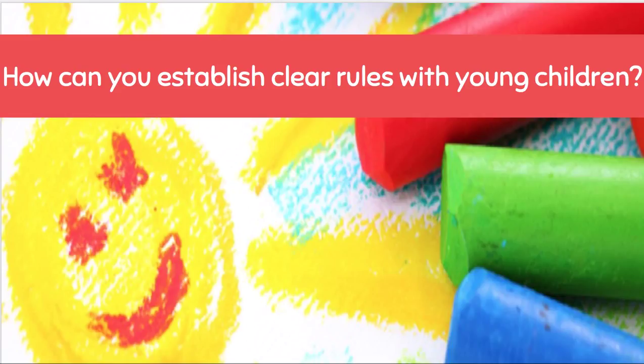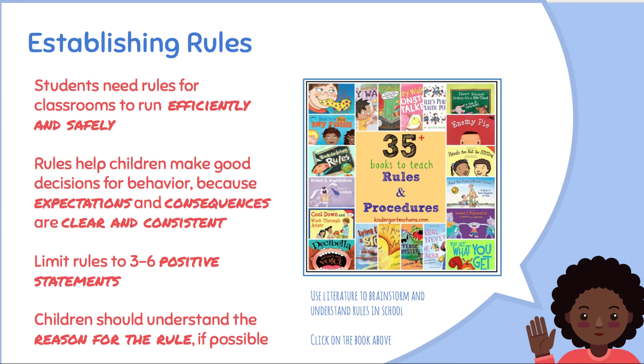How can you establish clear rules with young children? One of the best ways is to help the children establish the rules with you. Even toddlers can help with this, but definitely preschool and school age need to be part of that planning. It looks at some specific guidelines, but also I love to use literature to help children understand rules and procedures.